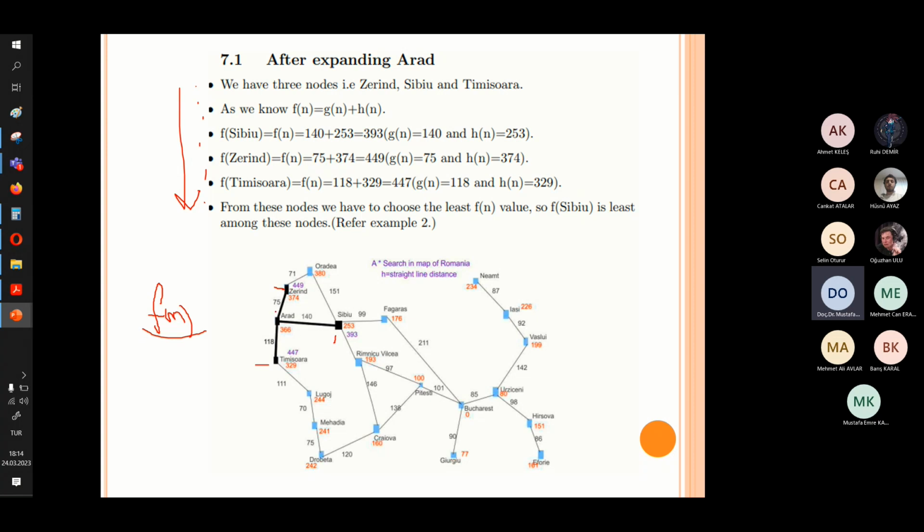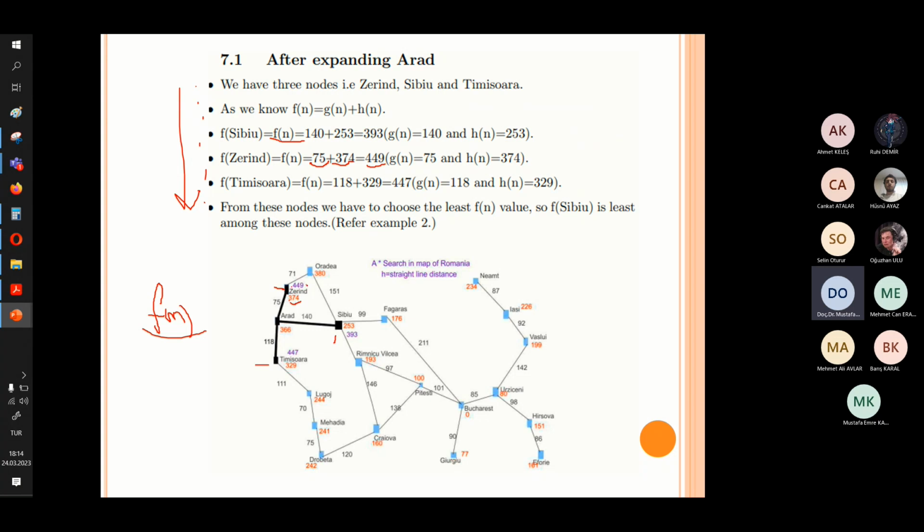So the actual cost to reach Zerind is 75. And the estimated cost to go to Bucharest from Zerind, Hn, is 374. 374 and 75 will give us 449.